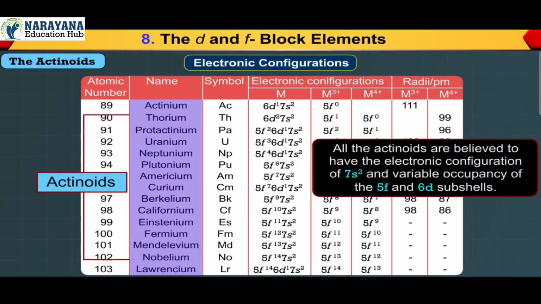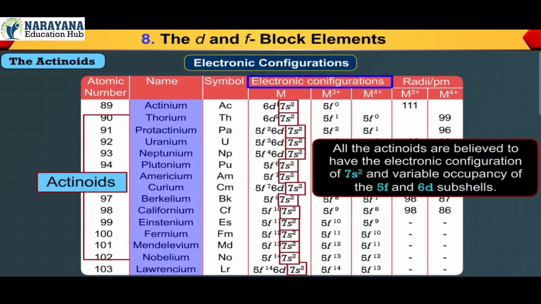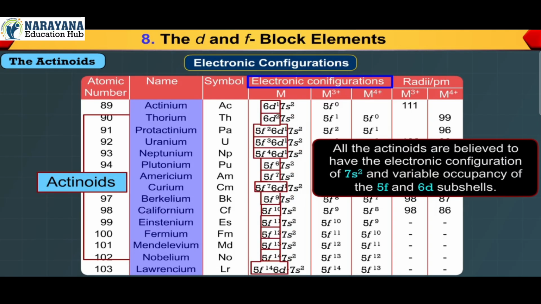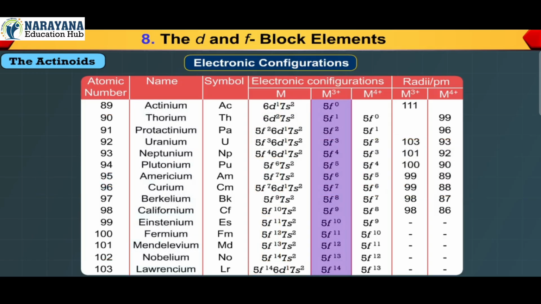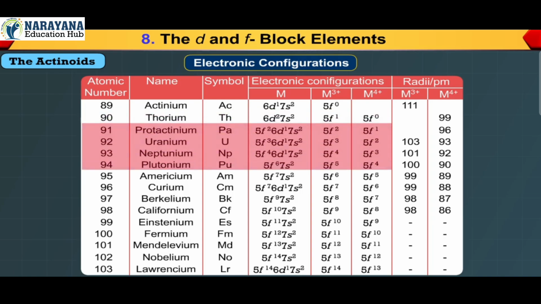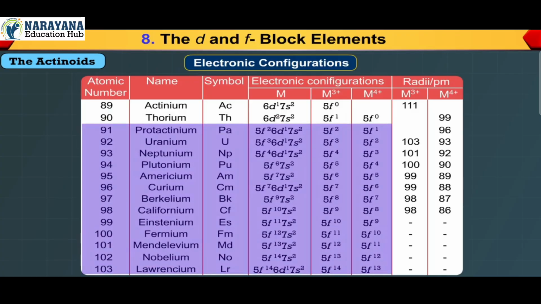Electronic configurations. All the actinoids are believed to have the electronic configuration of 7s2 and variable occupancy of the 5f and 6d subshells. The 14 electrons are formally added to 5f, though not in thorium, that is, Z equal to 90. But from Pa onwards the 5f orbitals are complete at element 103.